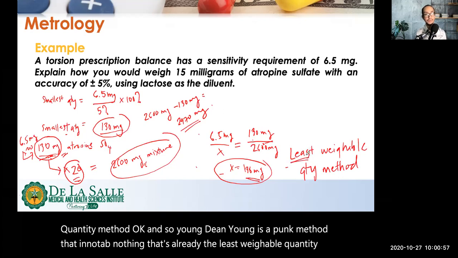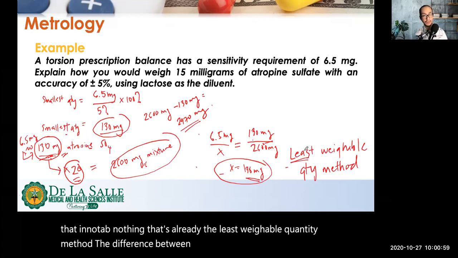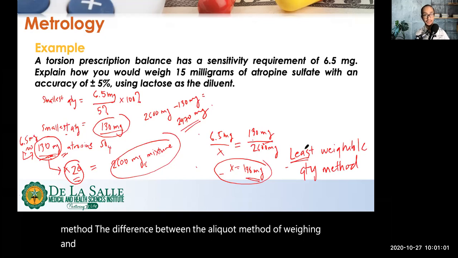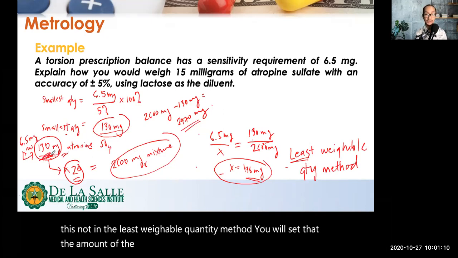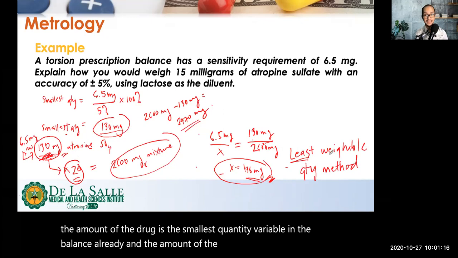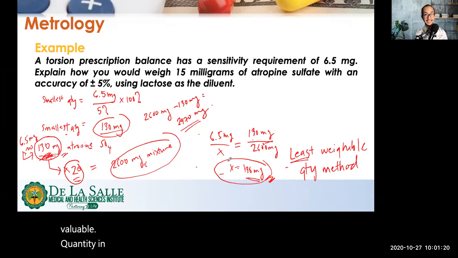The difference between the Aliquot method of weighing and measuring and the least weighable quantity method is simply this. No? In the least weighable quantity method, you will set that the amount of the drug is the smallest quantity weighable in the balance already, and the amount of the powder, okay, is also the least weighable quantity in the balance. Okay? Ayan.